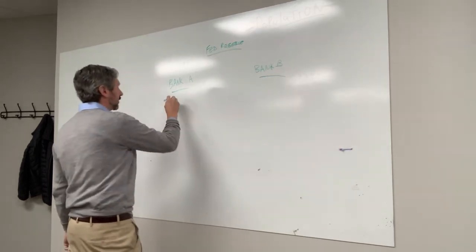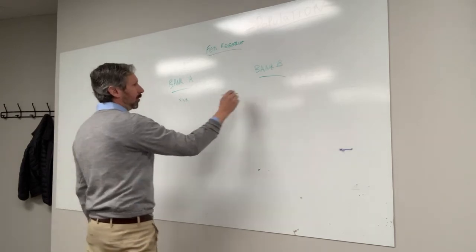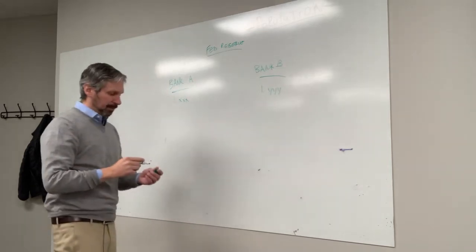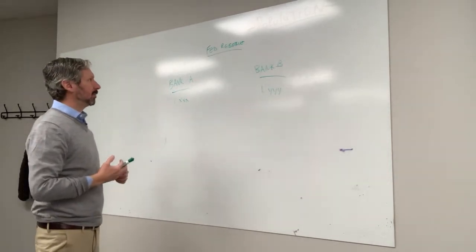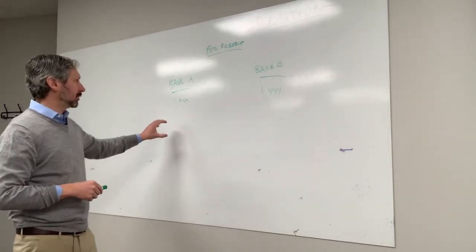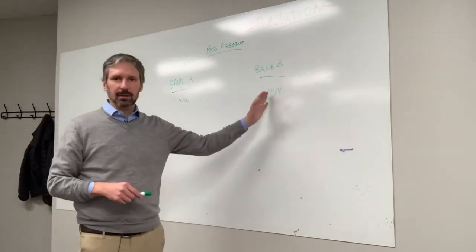Let's say we have one bank account in Bank A, and we have one bank account in Bank B. Well, this could be like an escrow account or something like that. It doesn't really matter the type of account for this example, but the objective is to move money from this account in Bank A to this account in Bank B.